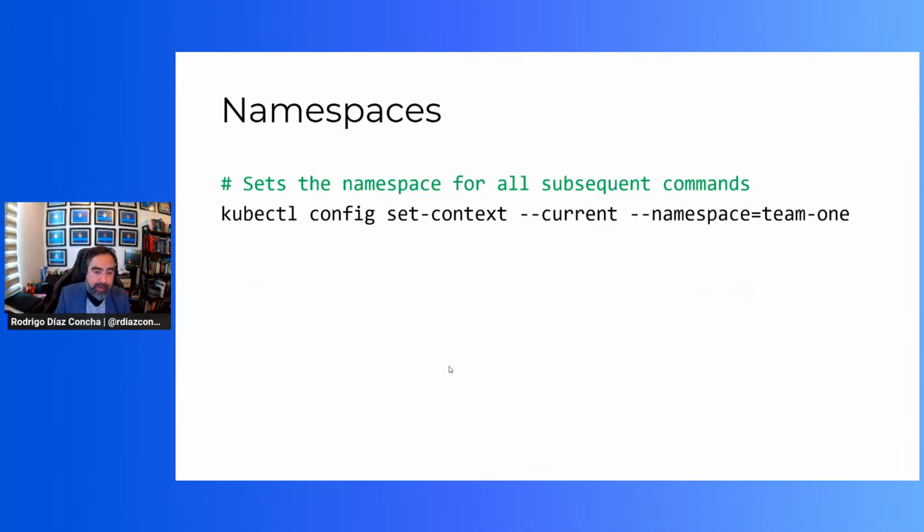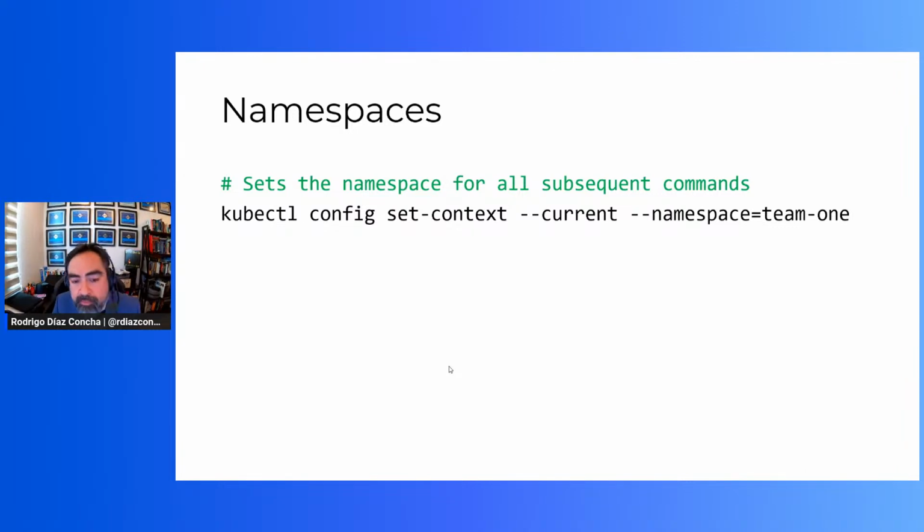So another command that comes in handy when managing namespaces is config set-context and the current flag, because in this way you can set the namespace for all the subsequent commands. So you don't have to specify -n, -n, -n all the time.